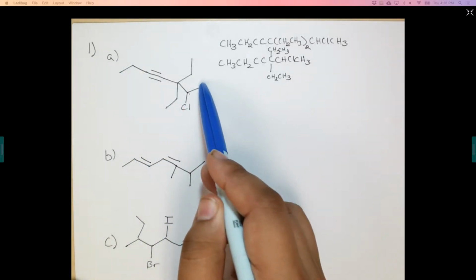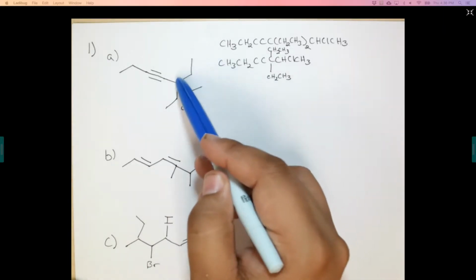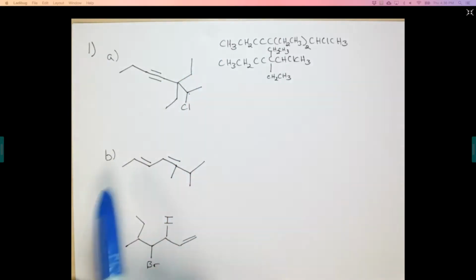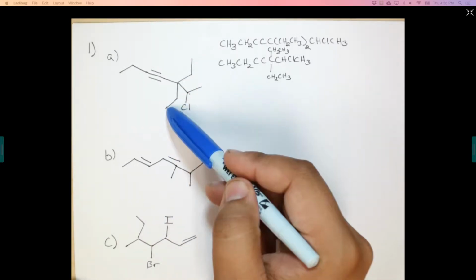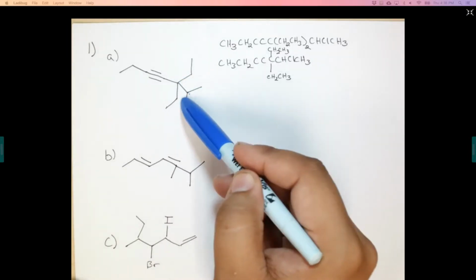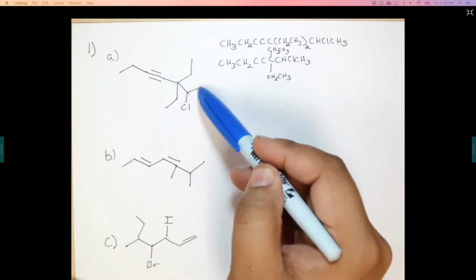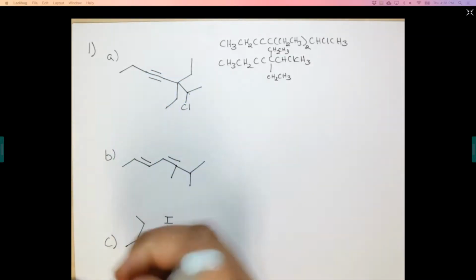If we go from this end, 1, 2, 3, 4 is 4. If we go 1, 2, 3, 4 from the side is 4 as well. And what we don't want to do is pick one of these two ethyl side chains to start our numbering from, because that makes the substituents different side chains.